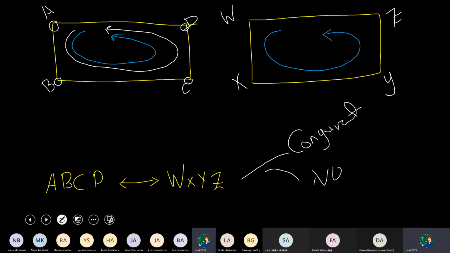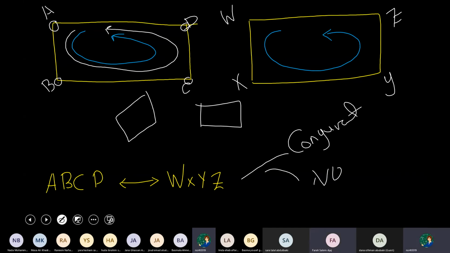If they are not corresponding, if they are drawn like this and like this, as an example, can I check their congruence? No. I have to make them corresponding, writing the letters in the same way, then I will check if they are congruent or not.